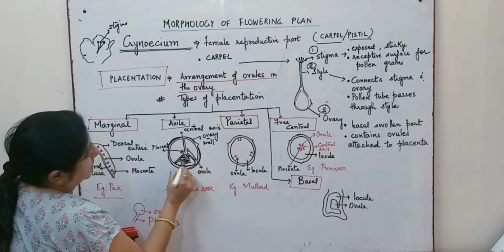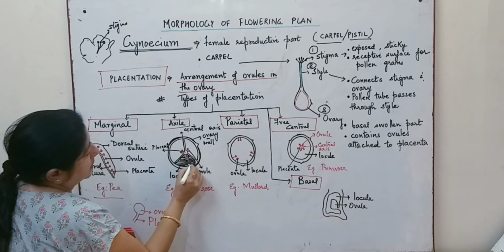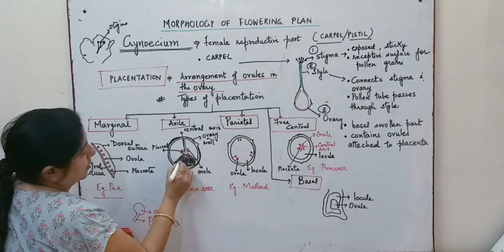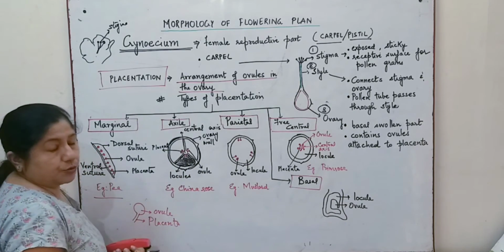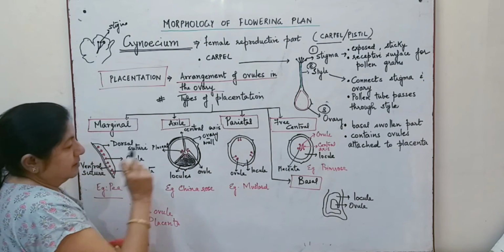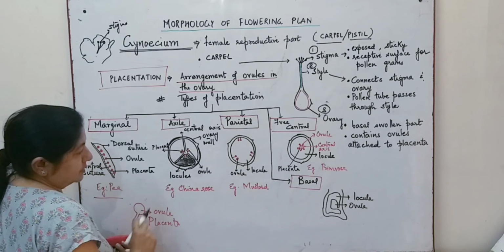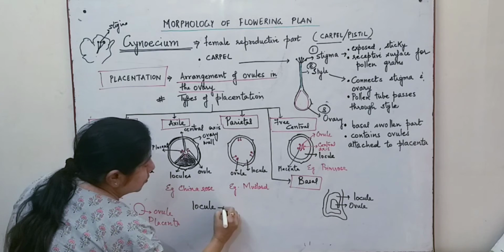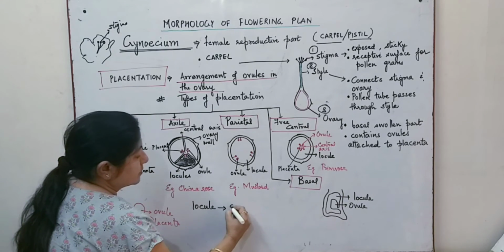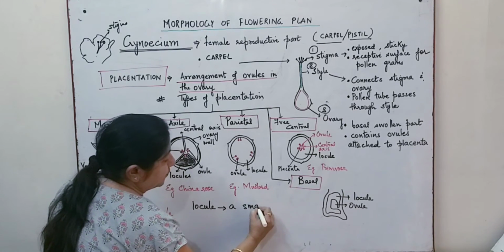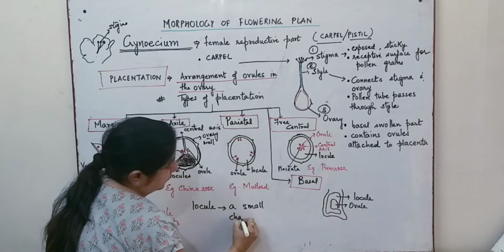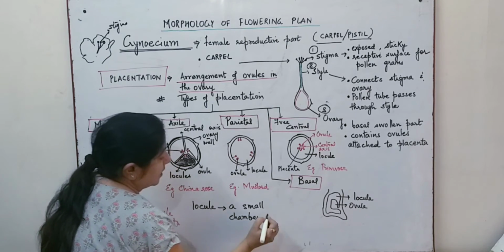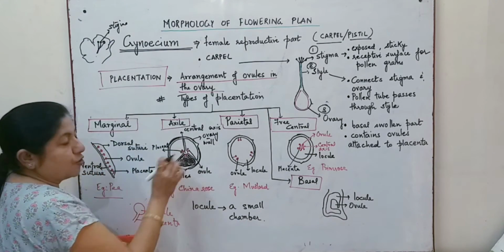So this is a locule, and within the locule are present the ovules. Locule is actually a small chamber and it consists of ovules.